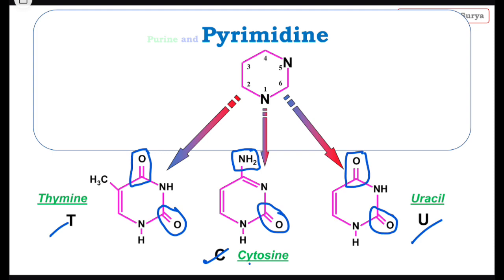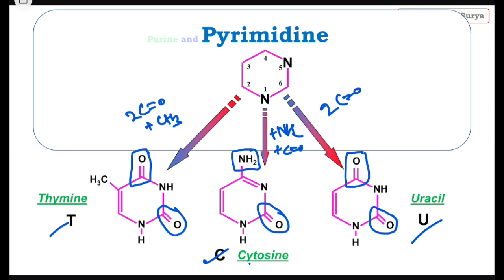Okay, to make cytosine, what are the components? We need to add NH2 plus C double bond O. Here 2 C double bond O, whereas in the case of thymine, 2 C double bond O plus 1 CH3 group. What are the differences between these three?